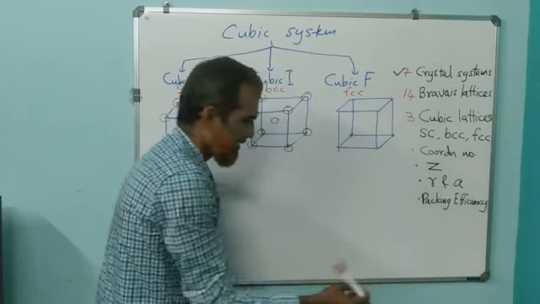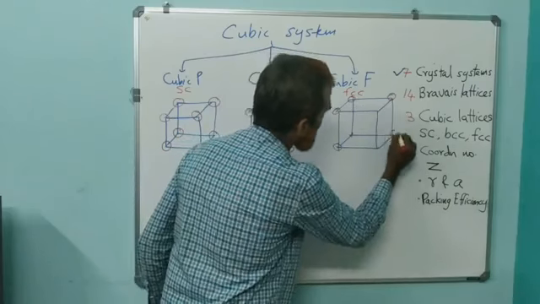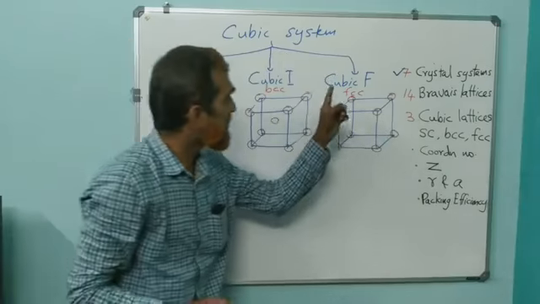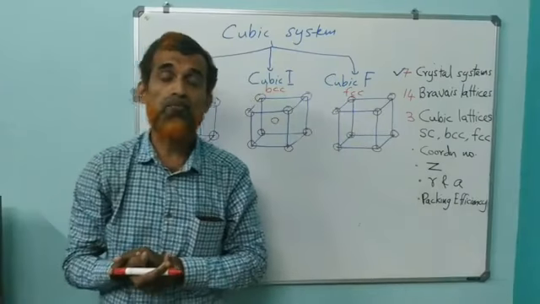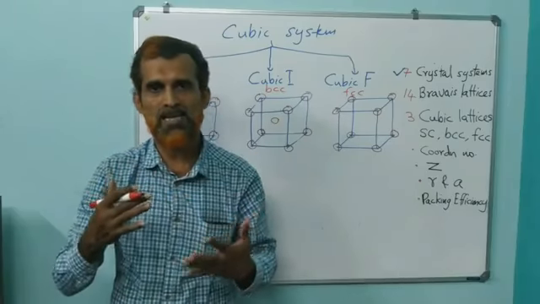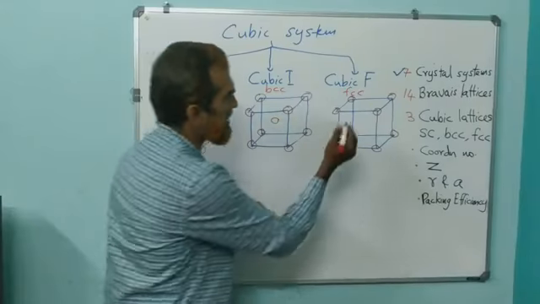Here. See, there are particles at 8 corners as usual. Additionally, there are particles at the face center, the center of each face. How many faces for a cube? I have told you. You can easily understand. 1, 2, 3, 4, 5, 6 faces. The center of all faces.